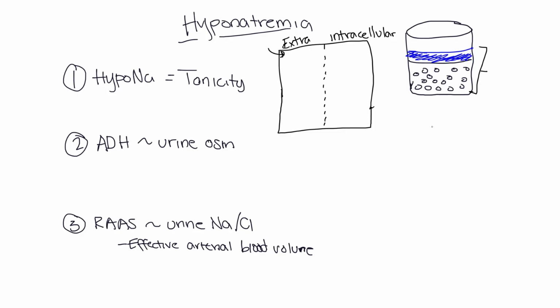You may recall that in a cell, normally we have very high K that makes up most of our intracellular osmolarity, but inside the blood vessel we mostly have a lot of sodium, which makes up the majority of our extracellular osmolarity.